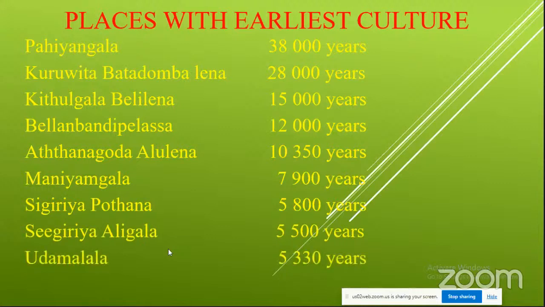Udamalla, 5,330 years, and Matota, 3,800 years. You should not remember all these years, but the first four places are important with the time period: Pahiyangala, Kuruwita Batatombalena, Kitulgala Beli-lena, and Bellan-bandi Palassa, with the ages 38,000, 28,000, 15,000, and 12,000 years.